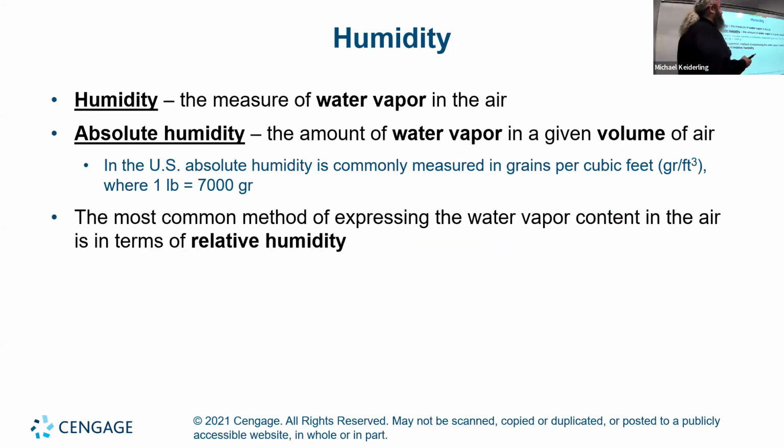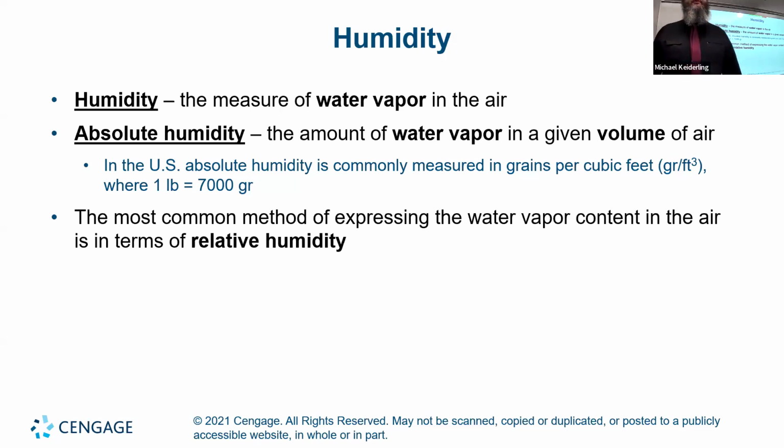So another thing is, oh, we're just about out of time, but humidity is the measure of water vapor in the air. And we can talk about absolute humidity, which is the actual amount of water vapor in a given volume of air. So in the US, absolute humidity is commonly measured in grains per cubic feet. In the rest of the world, it's measured in grams per cubic meter.